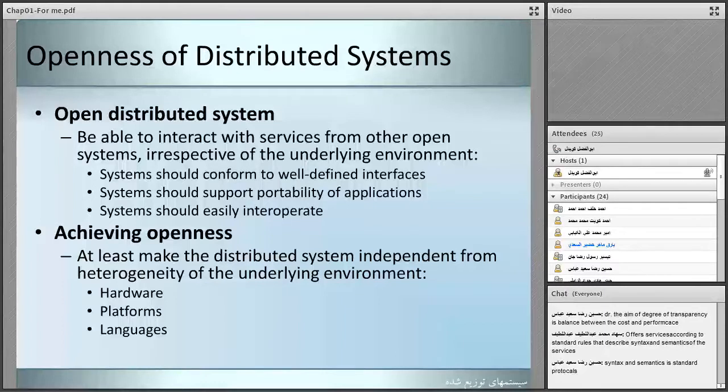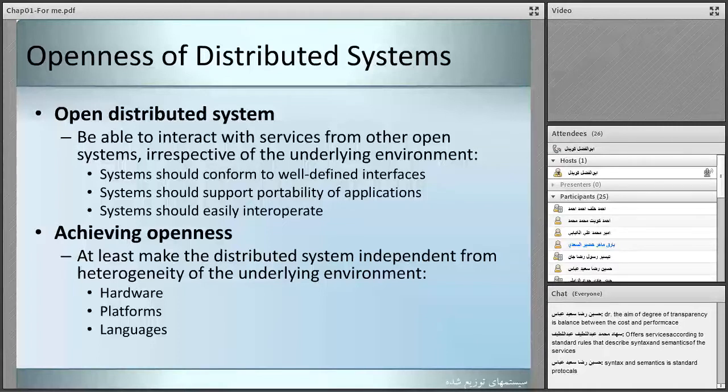For example, we can use some interfaces. In these interfaces, the definition of functions is clear. How many parameters does this function have? What are the types of parameters? For example, 2 integers and 1 string. These are parameters of this function.